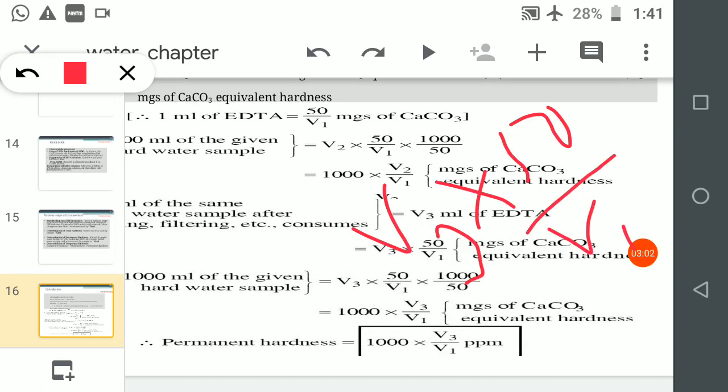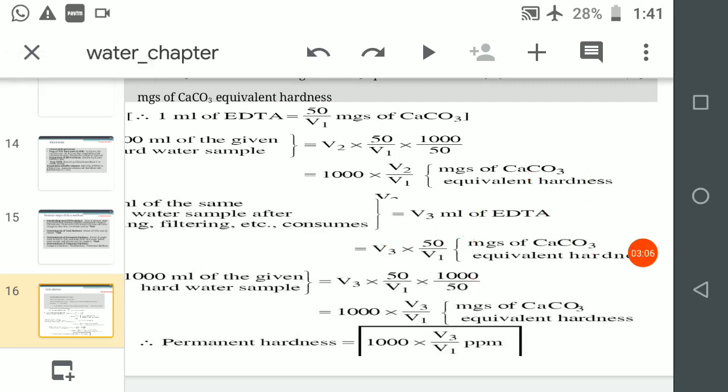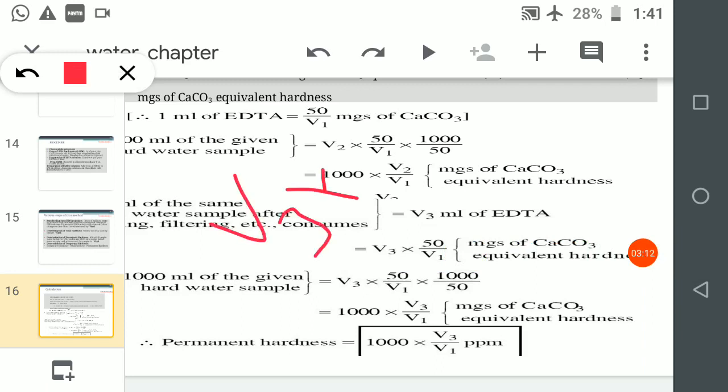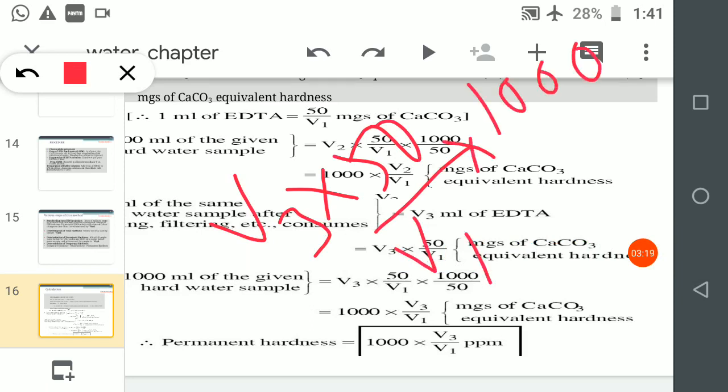If we want to find out in 1000 ml, what will happen? V3 into 50 upon V1 into 1000 upon 50. This hardness is present in the 50 ml of water, so there is a cancellation of 50 upon 50.